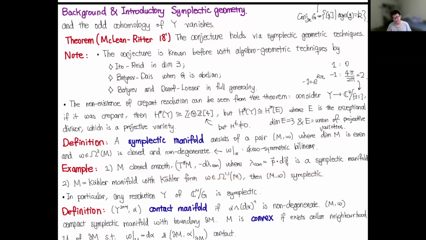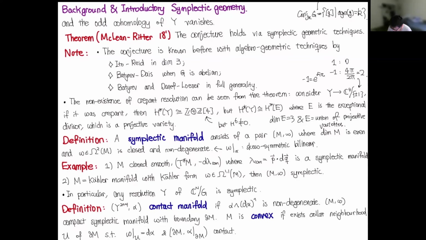The first one is a cotangent bundle, where M is a closed smooth manifold, and then you have the cotangent bundle of M with a canonical symplectic structure given by the differential of p dq.